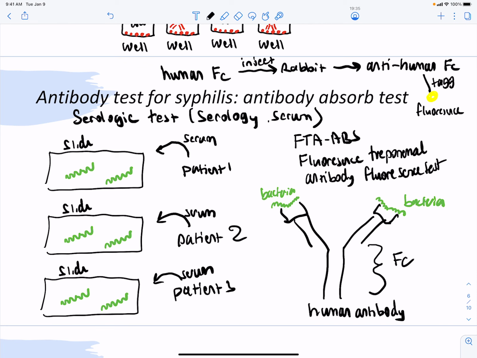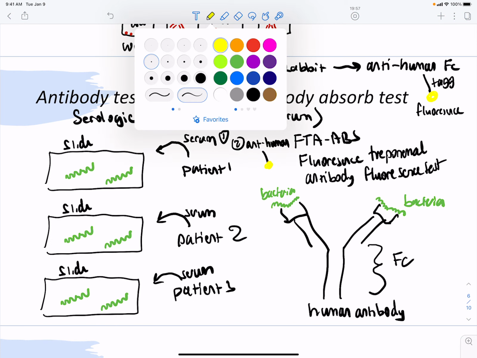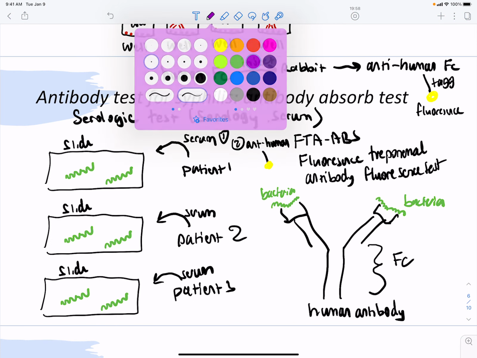And so when you add patient 1, patient 2, patient 3, you are going to follow this. So this is step 1. And step 2 will be the anti-human Fc tagged with our fluorescent marker. Okay, so patient 1 has these purple antibodies that do not bind.